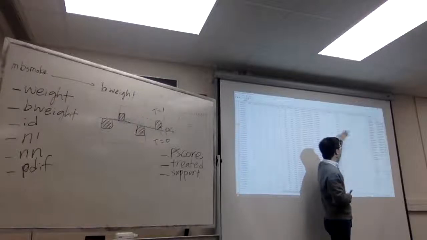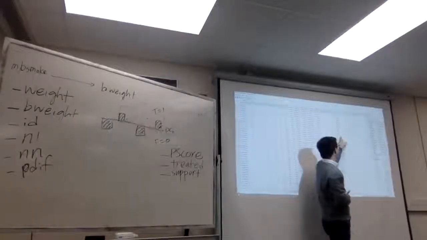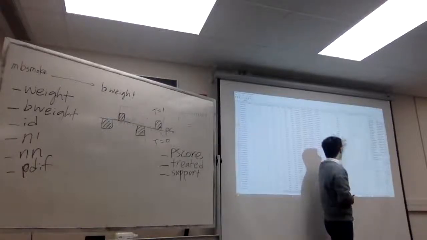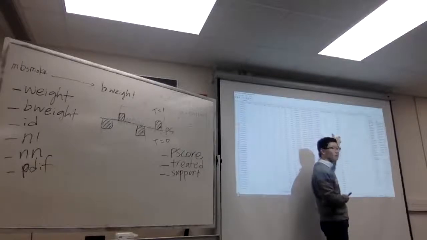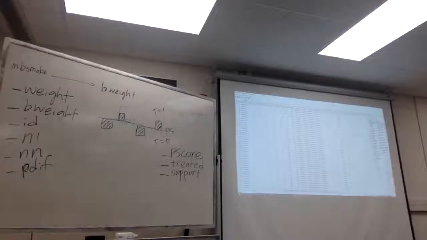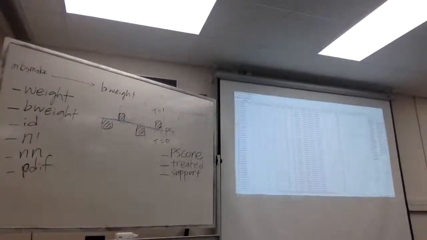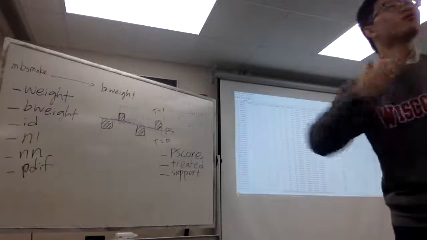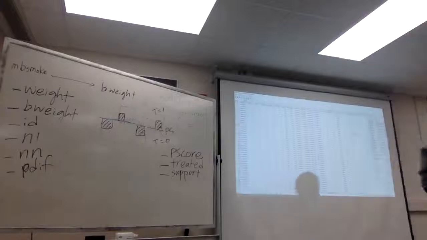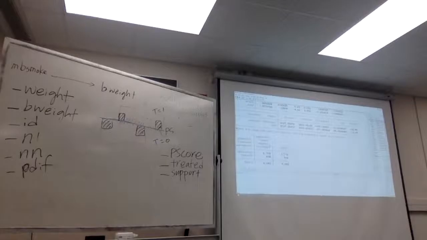So if you find 1906 in the ID variable, then the birth weight of this case would be 2948. Good. And then NN is how many cases were matched with the treatment case. In this case it's 1, right? Because it's a 1-to-1 matching. Good. Now let's move on to the tables.